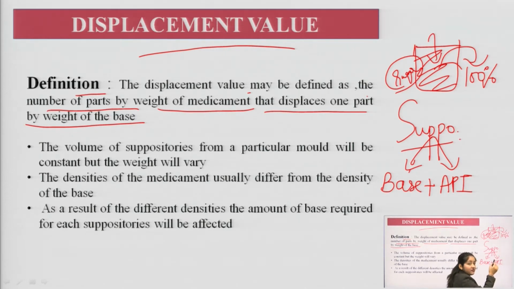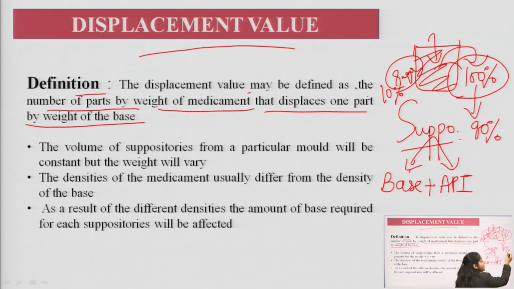So, this 100% of water is going to be reduced by a certain amount. For example, let us say we have added 10% sugar. Now the water present is just 90%. So, can I say that the displacement value of this glass is 10%? Because 10% of sugar has displaced a certain amount of water.